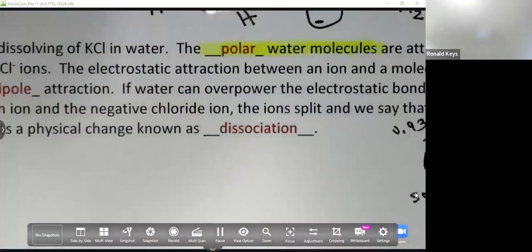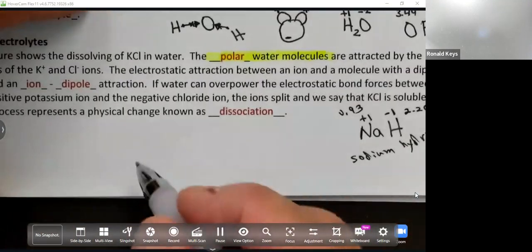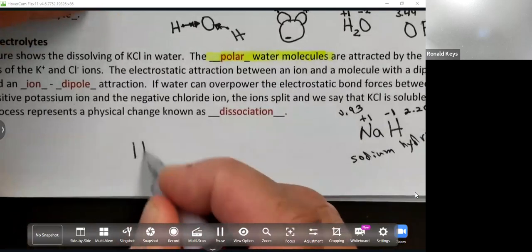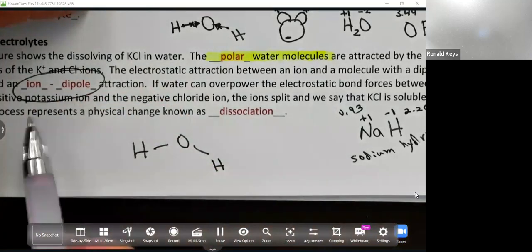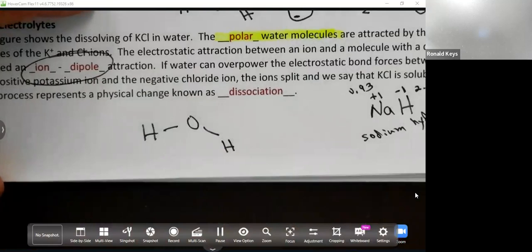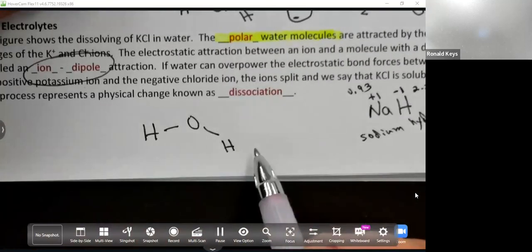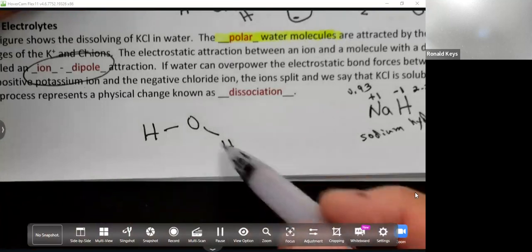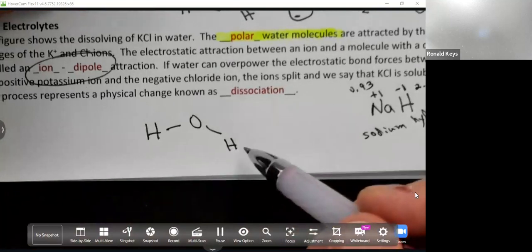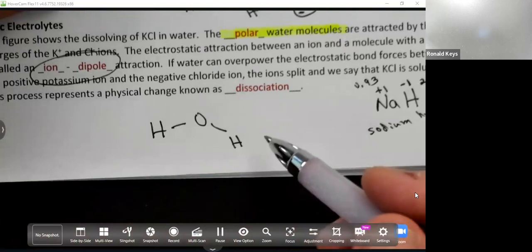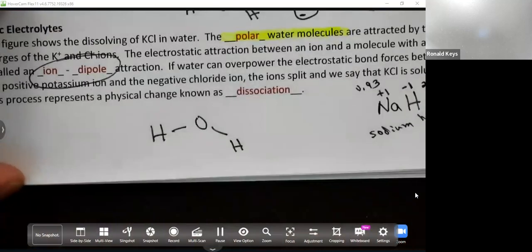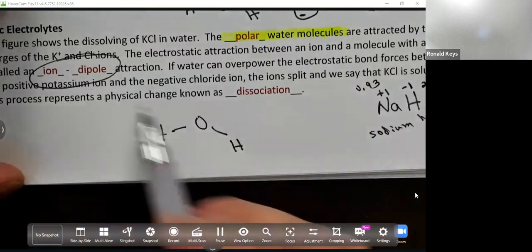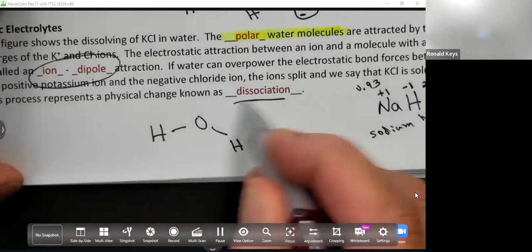So when we draw out water, and we're going to do this more in a later chapter, we say that there is an ion dipole attraction between water and a neighboring water or salts. So in lab, we explored why things dissolve, and I'm going to do that again some more. And we say that if water can pull the ions together, there's a dissociation.